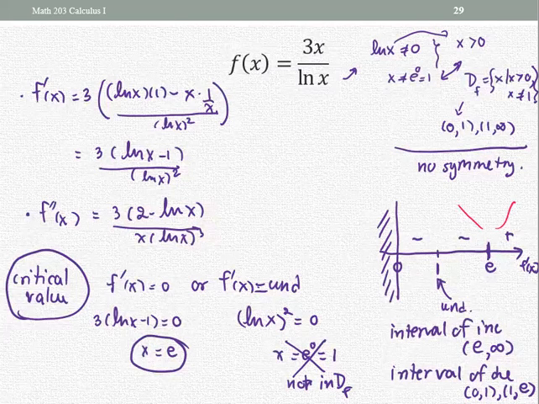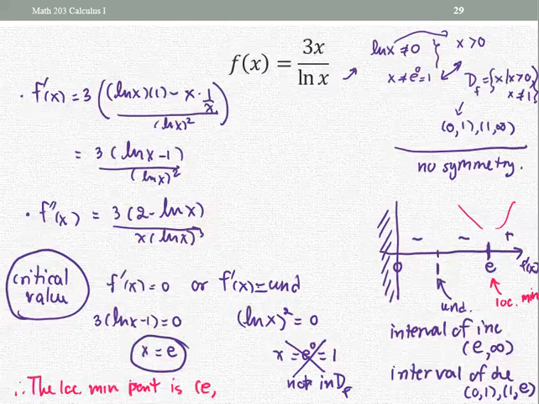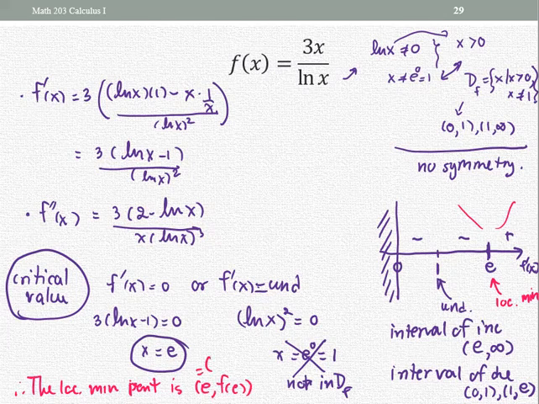So at the point x equals e, we have a local minimum point. The local minimum point is e, the function at e, or we plug it into the original function to get the function at e equals 3e, or the ordered pair e, 3e.